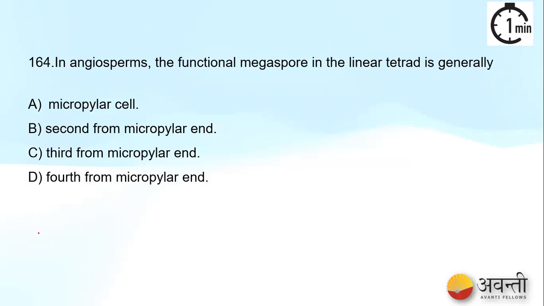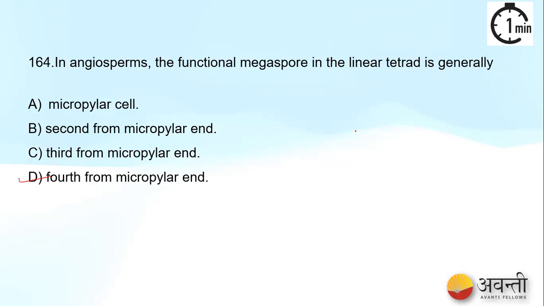So let's go for the next question. In angiosperms, the functional megaspore in the linear tetrad is generally a micropylar cell, second from the micropylar end, third from the micropylar end, or fourth from the micropylar end. The correct option is fourth from the micropylar end.